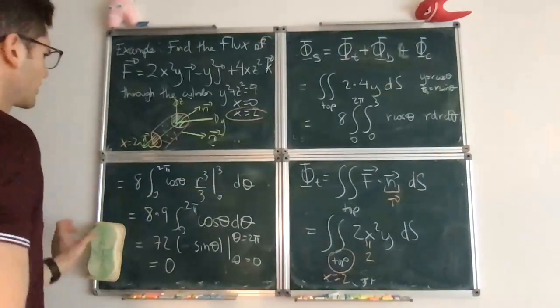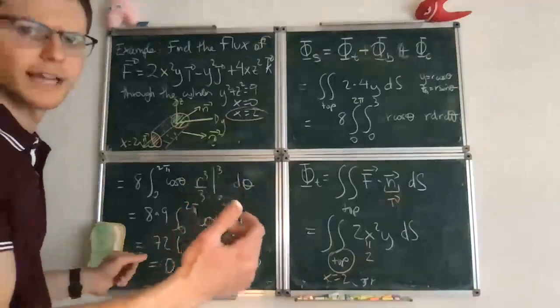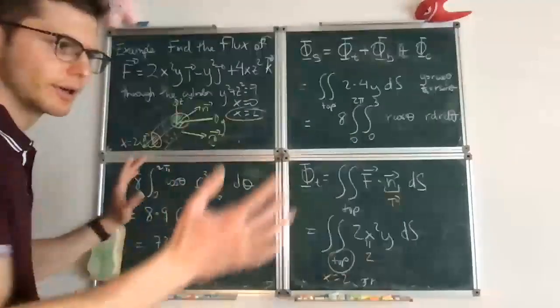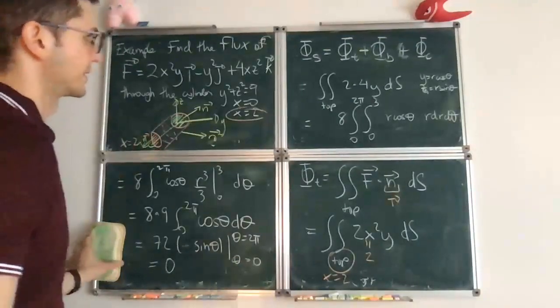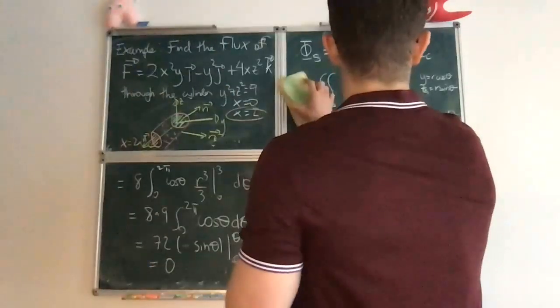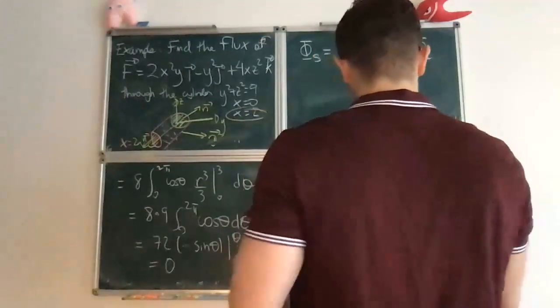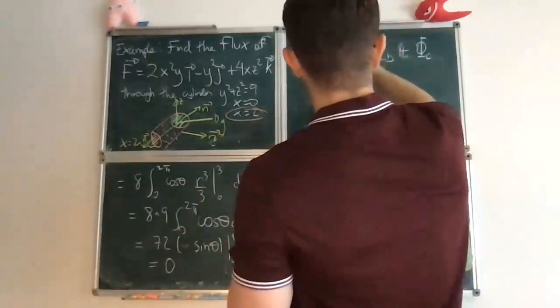So I mean, that could mean that some particles are escaping and others are entering, and so on the net there's nothing happening through this top piece. So the top piece is 0.